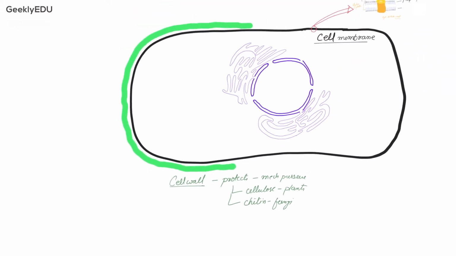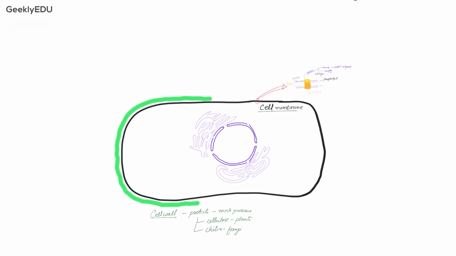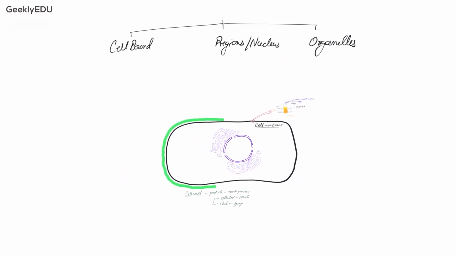Now, this was the very first thing that we talked about. Remember, we will be talking about things in a three-step manner: cell boundaries. Here we talked about the cell membrane and the cell wall. Now, talking about the regions, right?